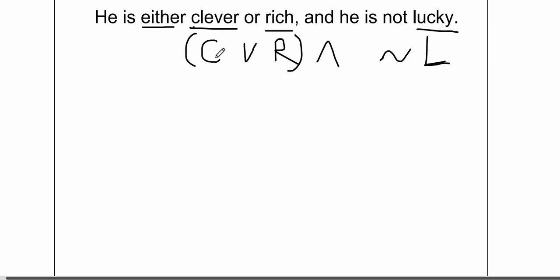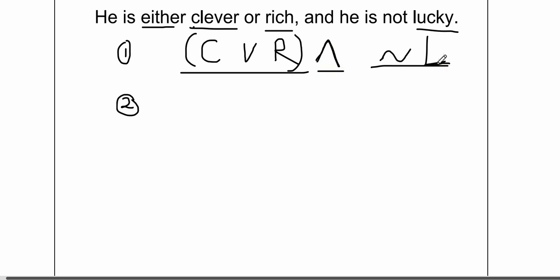We have already covered the symbolizing part, the first part. Now we have to state which is the dominant connective. First we solve the disjunction, so this is not the dominant part. Then we solve the negation of L, not lucky, so this is also not the dominant part. The most dominant part is the conjunction, which comes in at the end.